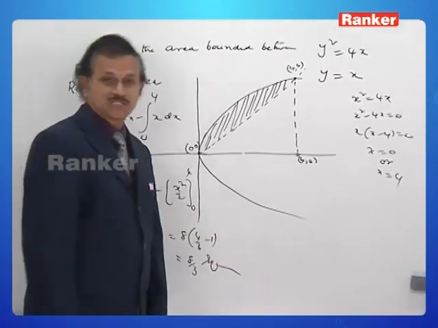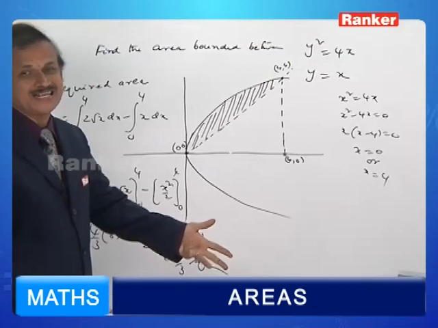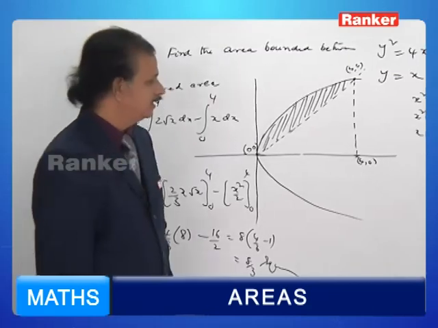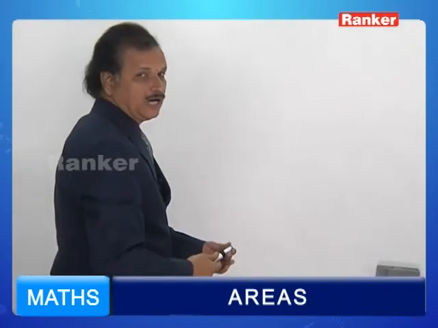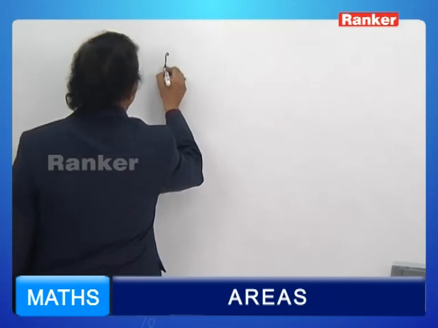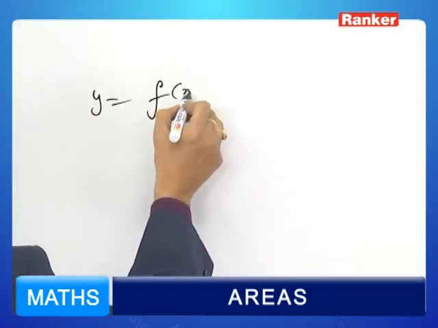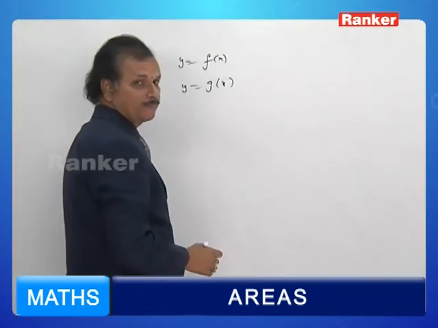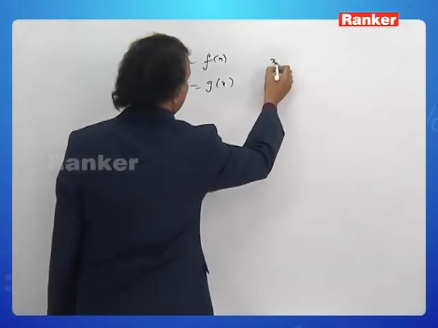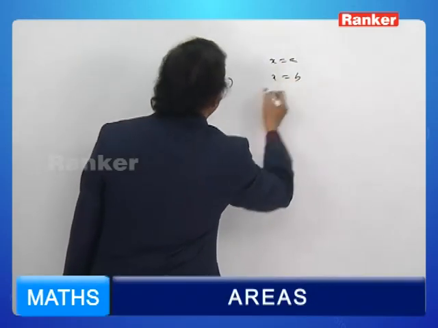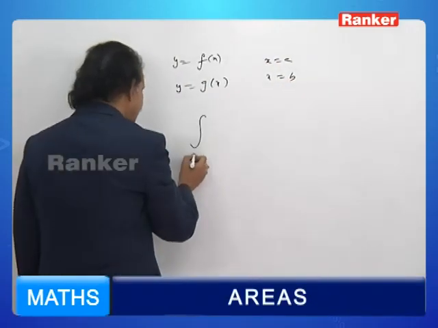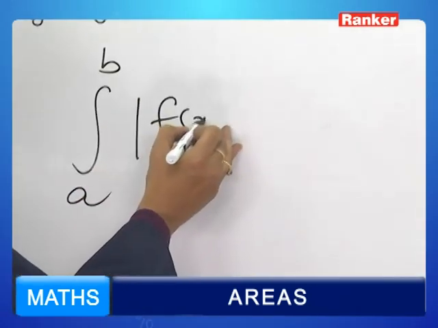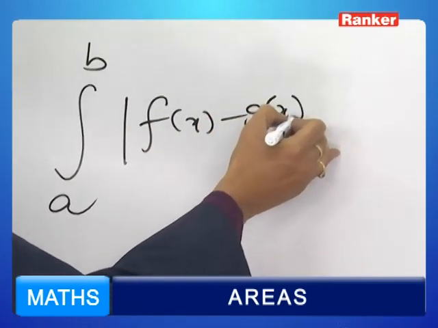By observing this problem, we can create a formula type statement. What is that? Let us try. Area of the graph bounded by y is equal to f of x and y is equal to g of x between the limits x is equal to a and x is equal to b can be obtained as integral a to b mod f of x minus g of x dx. Why?